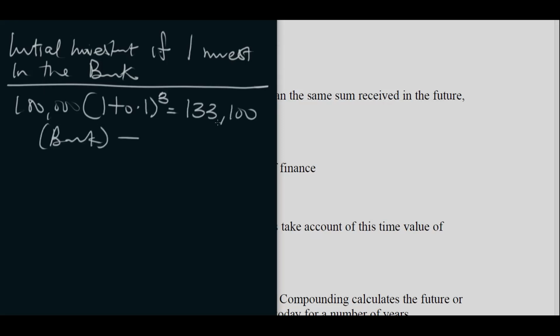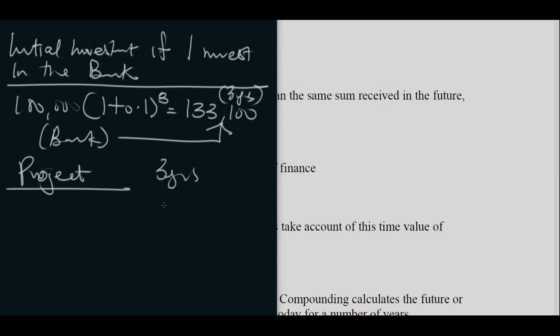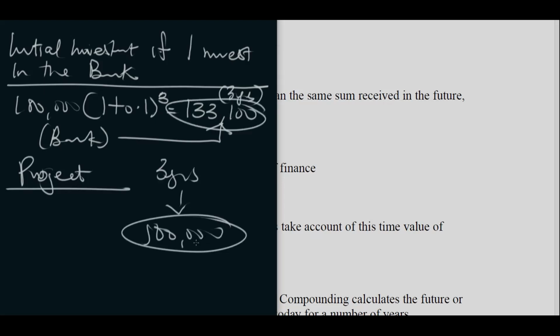But in the project, which is also in 3 years' time, the project is promising me what? 500,000. So which is better? 133,000 in 3 years against 500,000 in 3 years. Which is better, the project or the bank? It's obviously the project, because the project has 500,000 in 3 years and the bank 133,000 in 3 years.